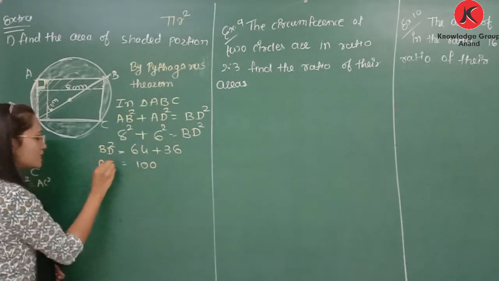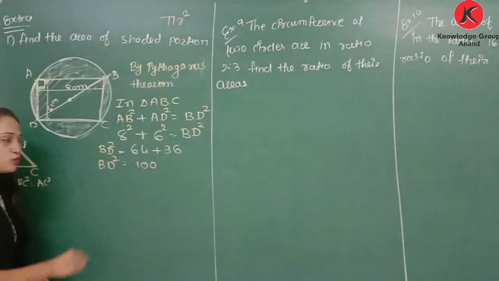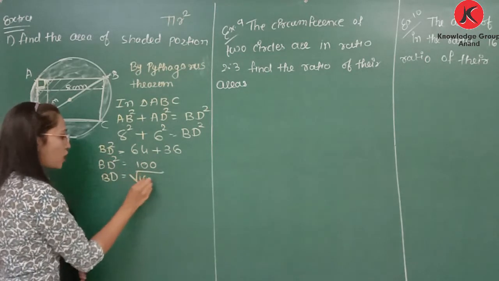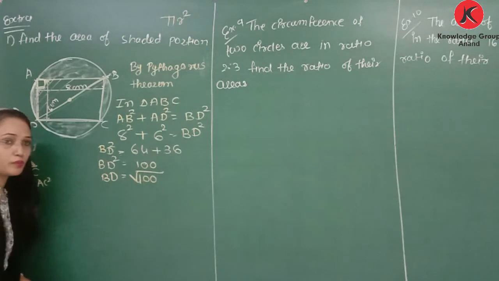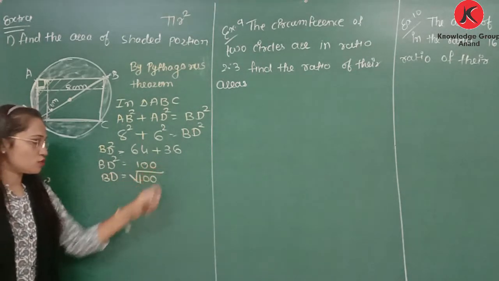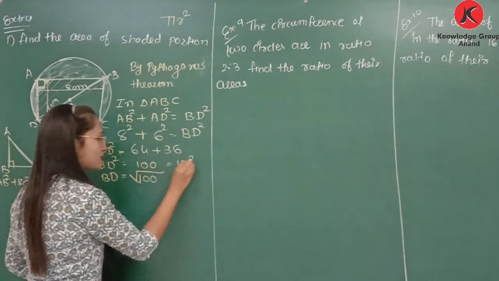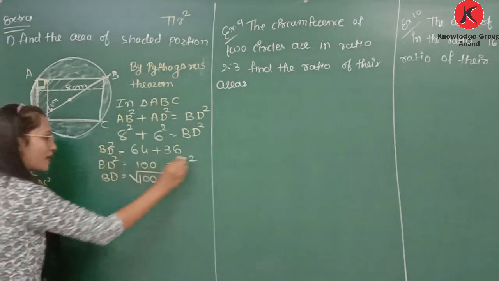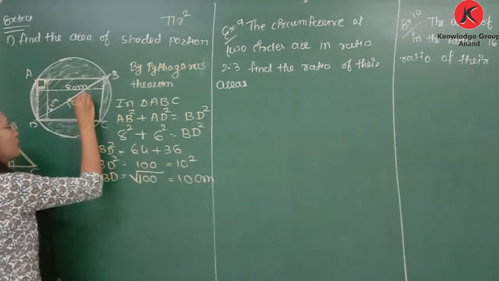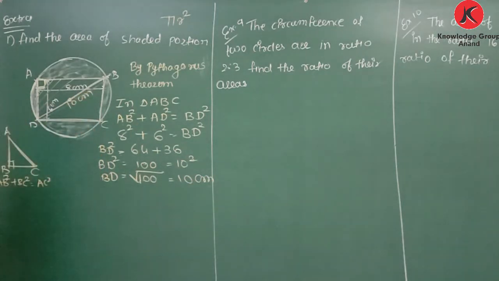That is BD square. Now to find BD, the square becomes square root on the opposite side. Square root of 100 means 10 multiplied by 10, so it is 10. Square root cancels the square, so it is 10 centimeter. So the diameter is 10 centimeter.